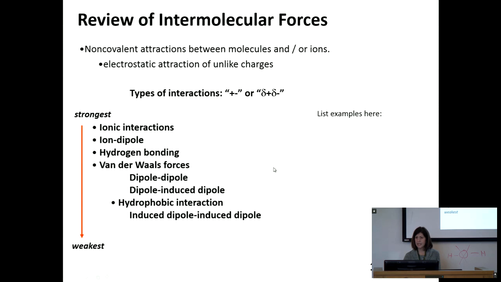Or any other salt, KCl. Ion dipole would be between a salt and water, NaCl and water. Hydrogen bonding, I would say water or any alcohol. Our Van der Waals forces, our dipole would be between maybe our alcohols together or any other dipole.